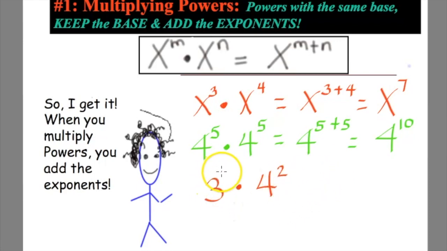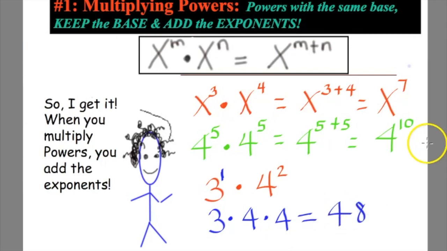There's no power written, it's always a 1. According to my power, it tells me I need to multiply 3 one time. So 3 times, and according to my power here, it wants me to multiply my base 4 two times. Hope that's making sense. So 3 times 4 will give me 12. 12 times 4 would equal 48.